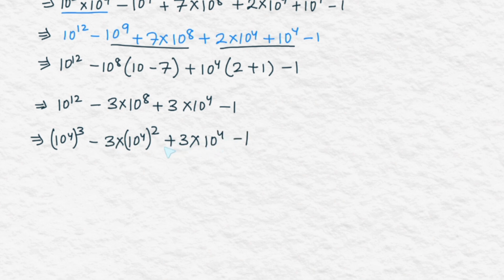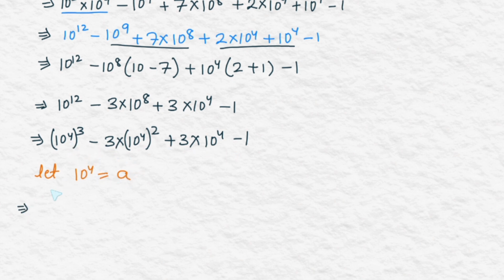Our goal was to make 10 to the power 4 everywhere, and we have done it. Now we'll try to substitute the value. Therefore, let 10 to the power 4 equal a.